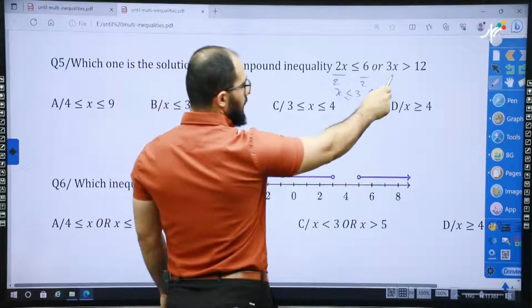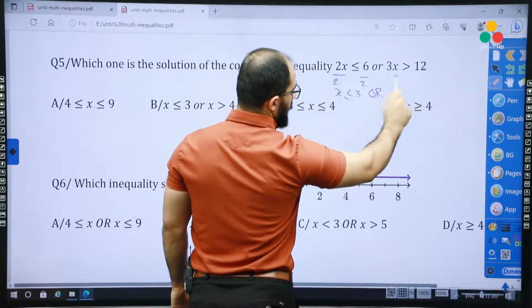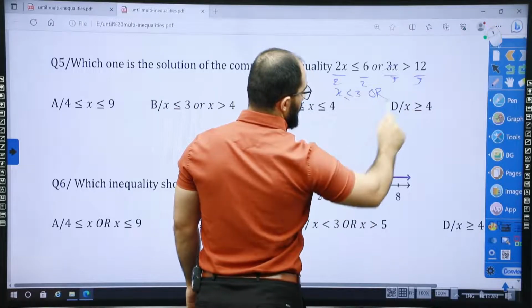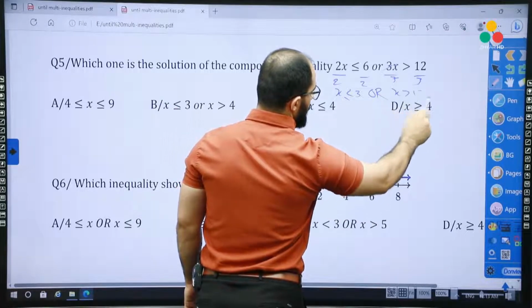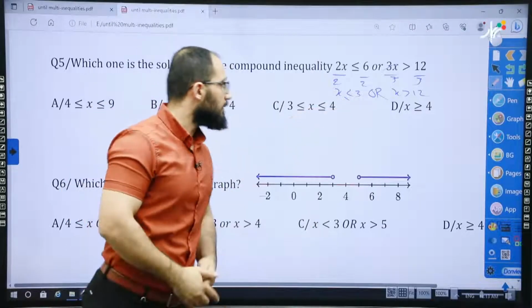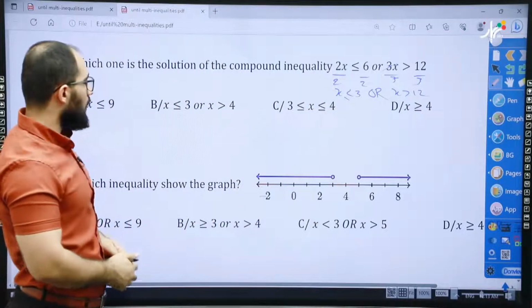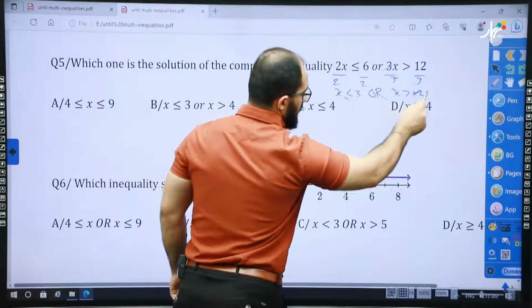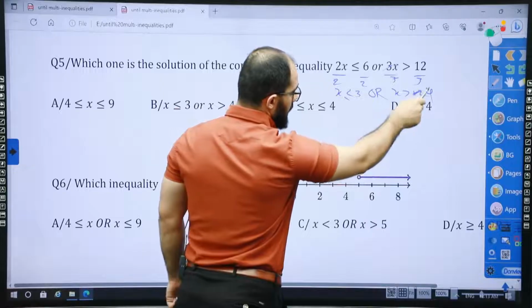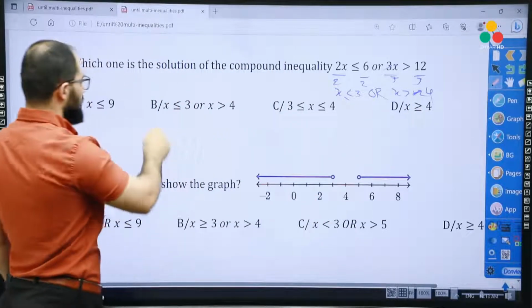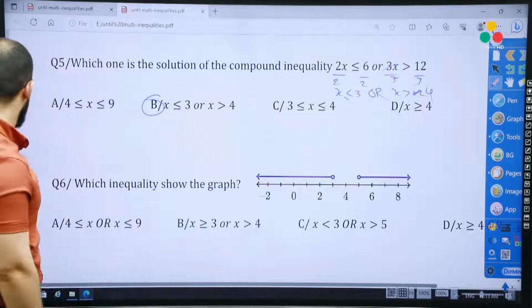Or 3x greater than 12, divided by 3, so x is greater than 12 divided by 3, which is 4. So the correct answer is B.